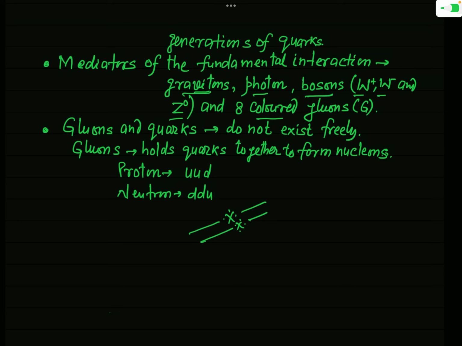And in fact, for strong interactions, the gluons or the quarks are the mediating particles. You will see later on in very detail in this chapter. So you can say the mediators of the fundamental forces are graviton, photon, bosons, and the gluons.